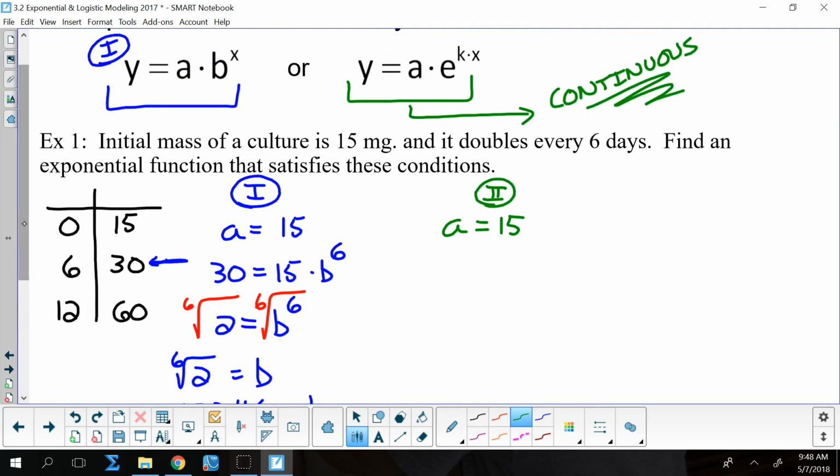Now, instead of finding B, I need to find K. So I'm going to use this second line in my data points. Y is equal to 30, A is equal to 15, E is Euler's constant, K is what I'm looking for, and X now is 6.